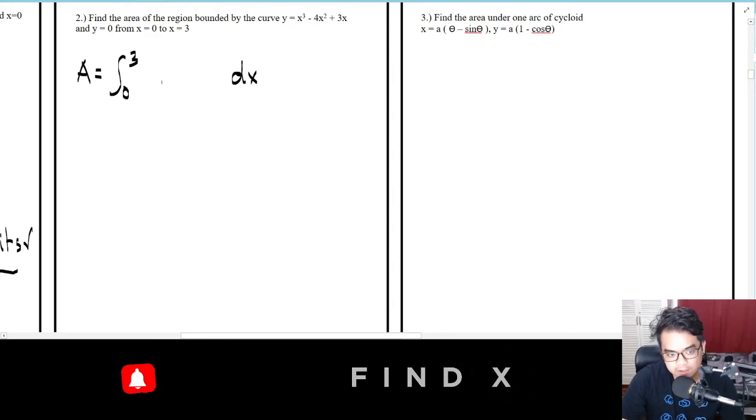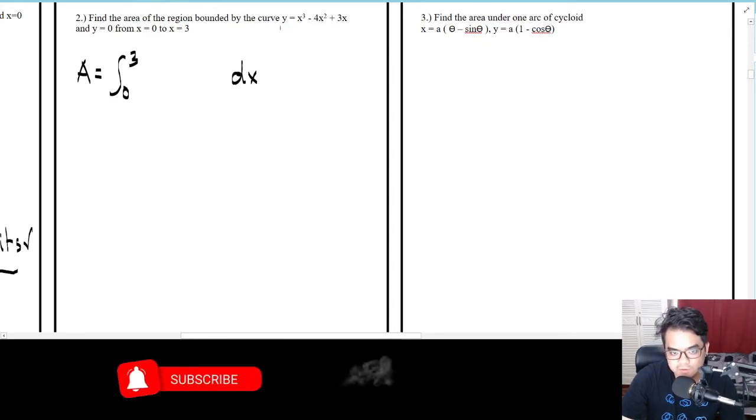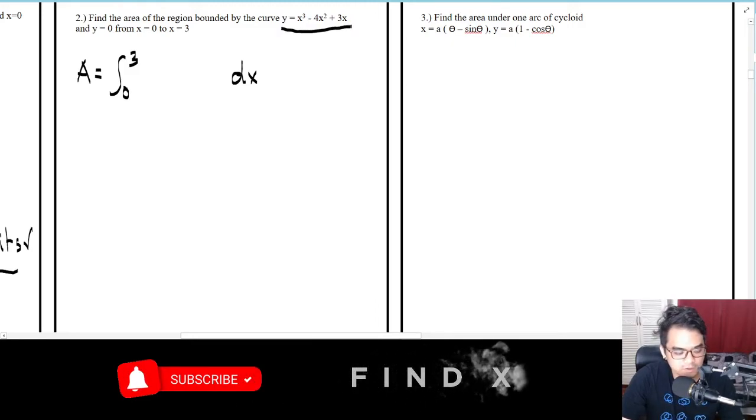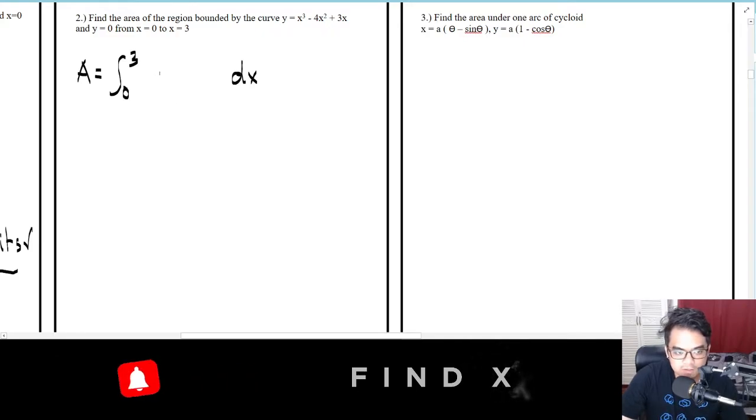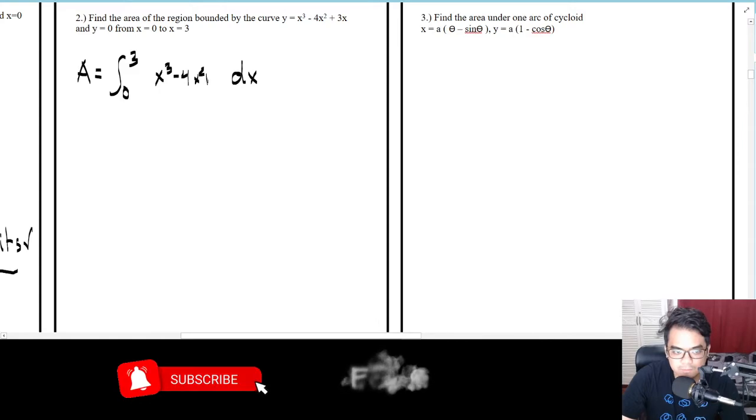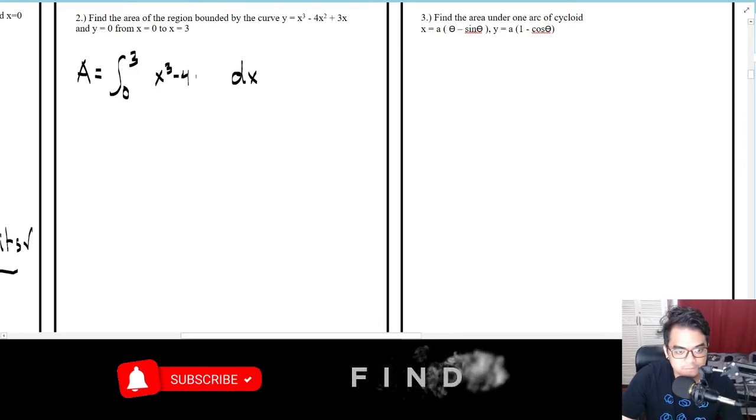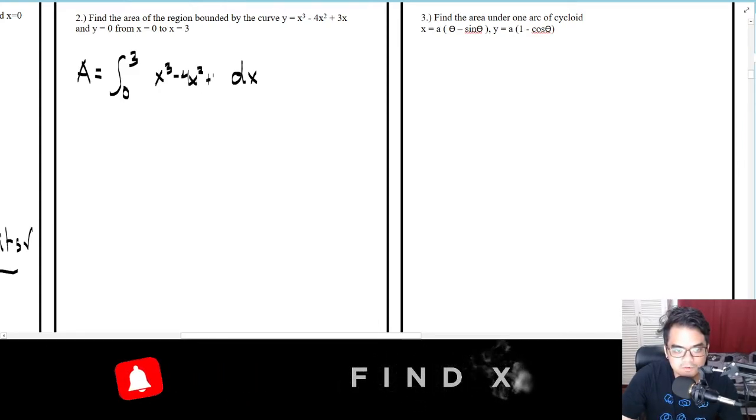As you can see, this is already in terms of x. So y is equal to x cubed minus 4x squared plus 3x, and then write it down: x cubed minus 4x squared plus 3x.